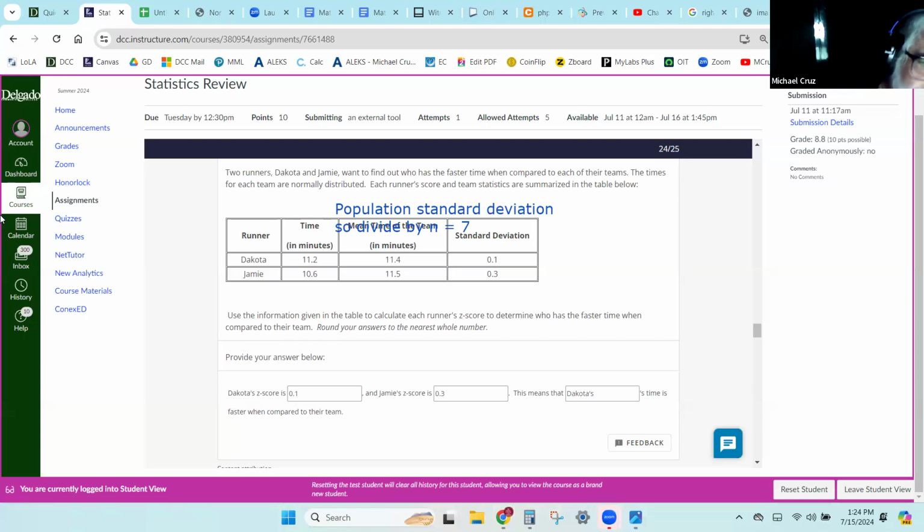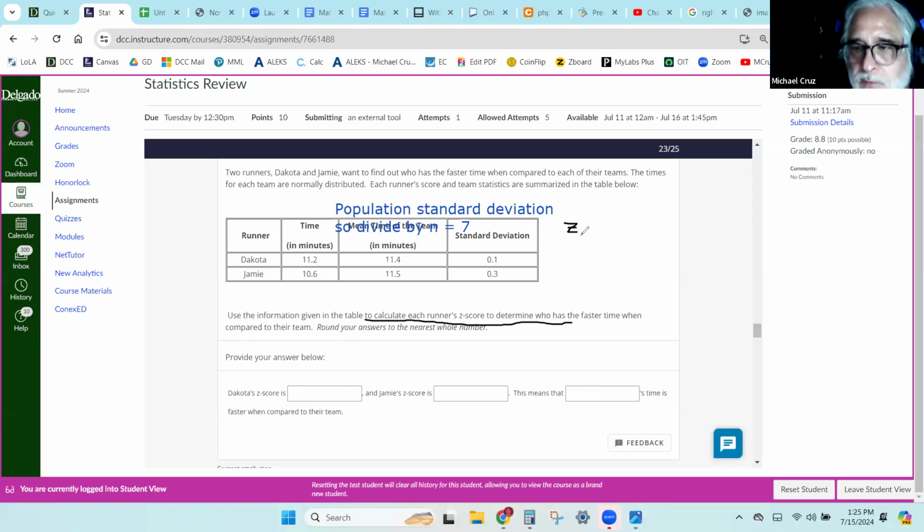So we have to calculate their z-score, and once we find the z-score, that'll tell us who's faster. That wasn't a z-score, and then we don't know if that's the answer. So let's go ahead and calculate the z-score for each one.